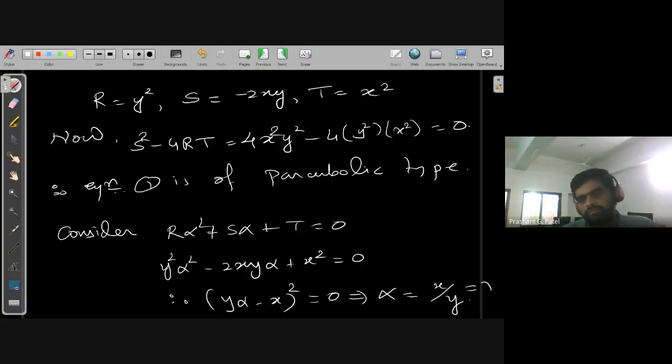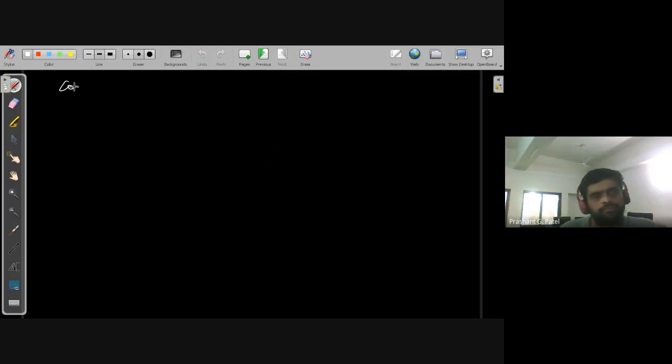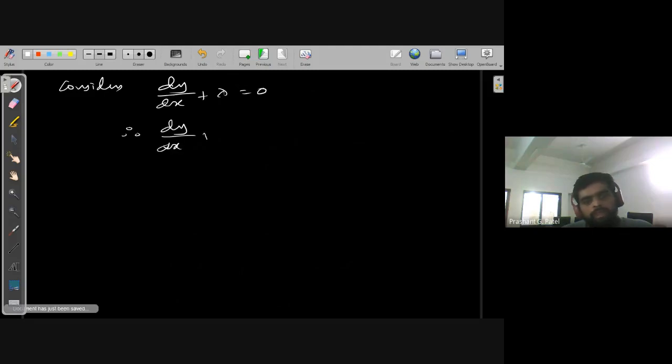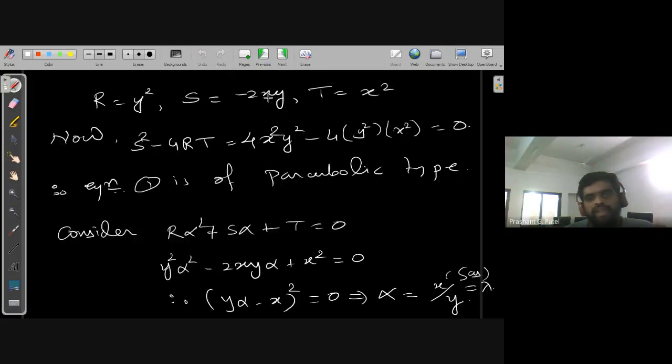Let's say this is lambda. Now we'll consider the equation dy by dx plus lambda equal to 0. Therefore you have dy by dx plus x by y equal to 0, because that is the value of lambda.